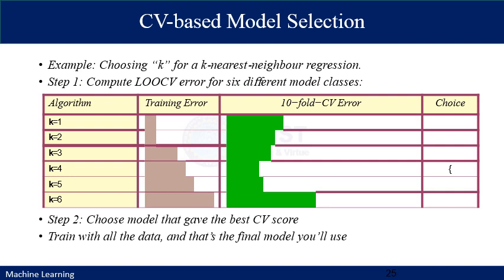So we choose the algorithm depending upon the different parameters, and we report the error in terms of cross validation error. The second step is to choose the model that gives the best CV score, and in this case k is equal to 4, which reports the lowest CV error. Then train with all of the data, and that's the final model you will use.